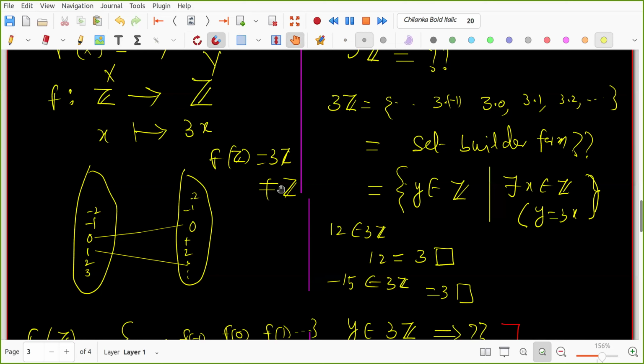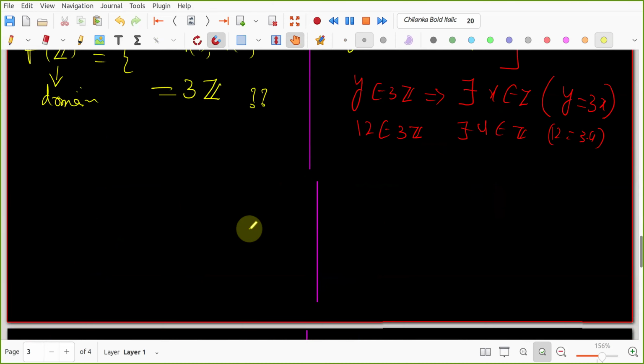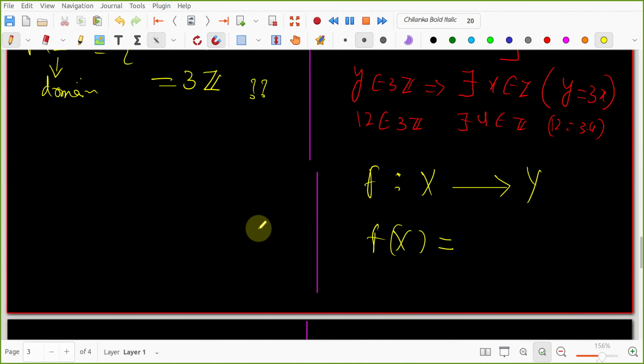How do you define f of X? Be quick. What is f of X equal to?